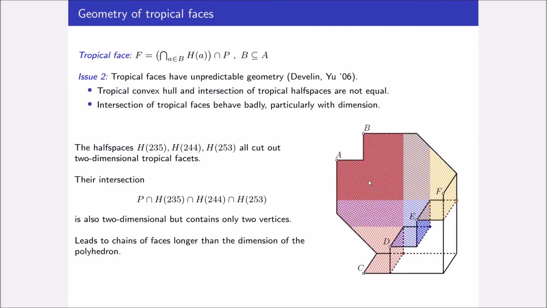So we have bad dimension counting here, and we end up with chains of faces that are longer than the dimension of the polyhedron. In this case, we've got a two-dimensional facet inside a two-dimensional face inside another two-dimensional face. So the geometry here is not working.